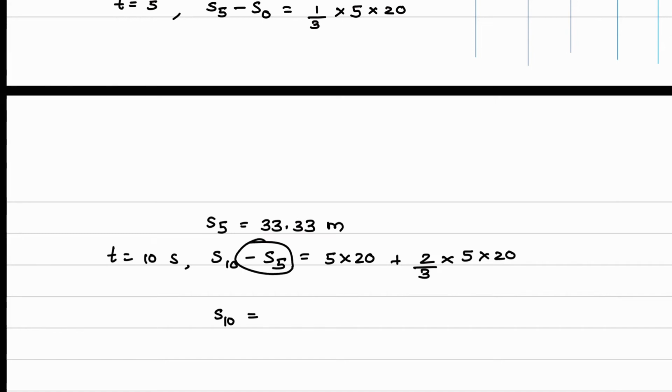Okay, this value, it is negative, it will become positive. So we'll write down 33.33 plus this value, second value, it is 100, plus this value, it is 66.67. So S10 value is 200 meter. So we have calculated S10.